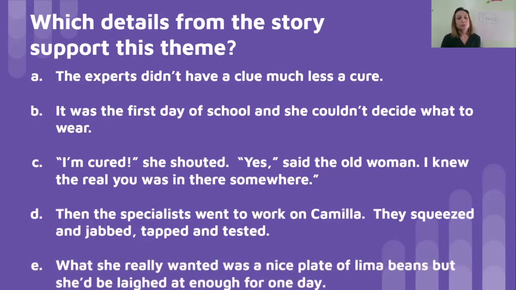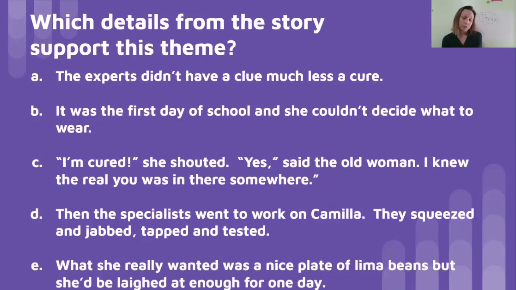What she really wanted was a nice plate of Lima beans, but she'd been laughed at enough for one day. And I have some typos in there, I'm sorry. So she'd been laughed at enough for one day. Does that go along with our theme?